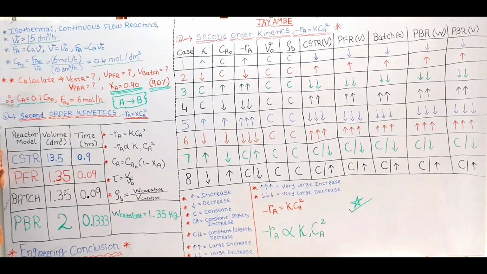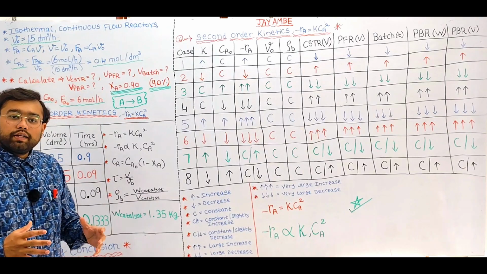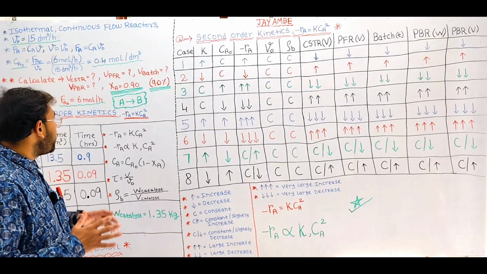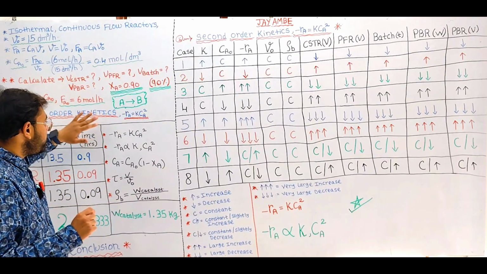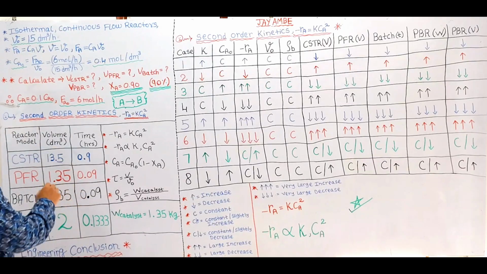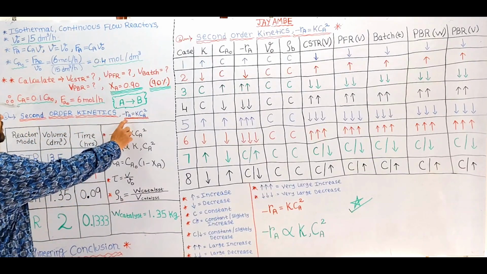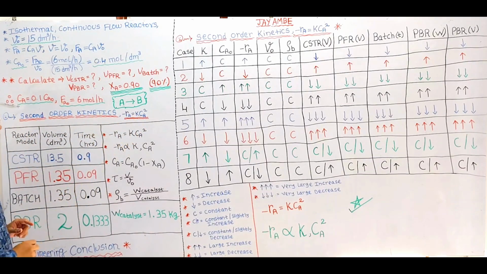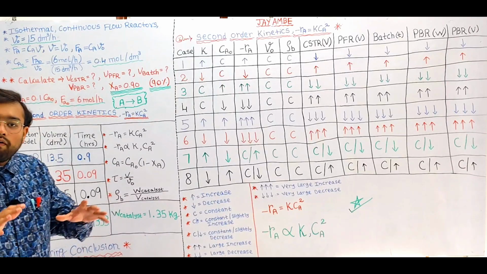The first reactor model which I have selected is CSTR, the continuous stirred tank reactor model. In order to design the volume of the CSTR, let's say we are keeping all the operating parameters constant and the reaction is carried out in the CSTR. The reaction follows second order reaction kinetics with the given rate law -rA = kCA^2.